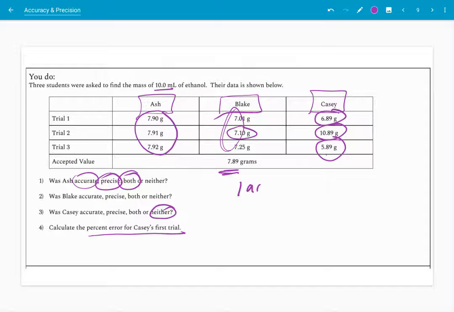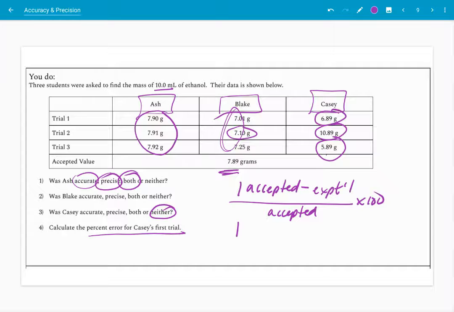Then we're going to calculate the percent error for Casey's first trial. If you recall, that equation is accepted minus experimental, all over accepted, and we're going to multiply by 100%. My accepted value is 7.89. That's given to me here. I'm going to subtract the 6.89 experimental, all over accepted.